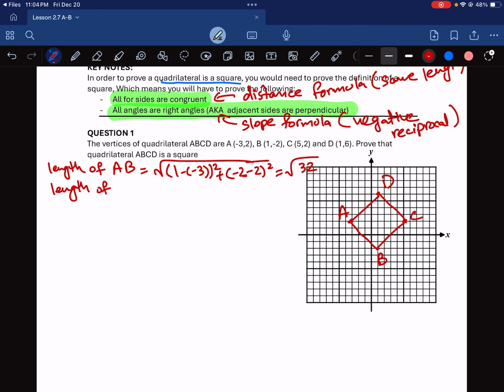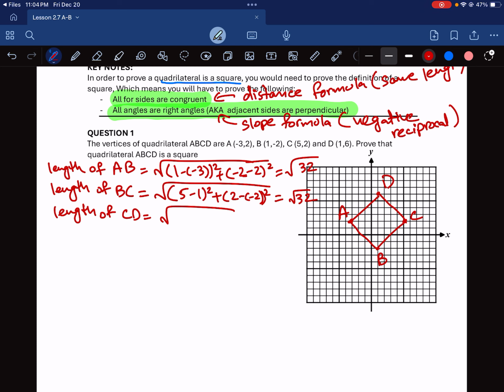Now let's find the length of BC, which is 5 minus 1 squared plus 2 minus negative 2 squared, which is also 4 squared plus 4 squared, the square root of 32. Length of CD is 1 minus 5 squared plus 6 minus 2 squared, which is negative 4 squared plus 4 squared, also the square root of 32.